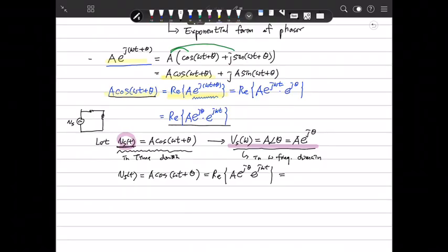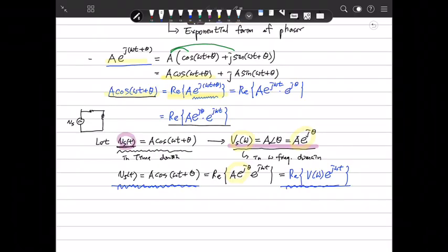So what is that? This term and this term are the same as here. So we can express it as the real part of phasor times exponential j omega t, which is a time domain expression. If you want to express some variable in the time domain, you can use this. This is very important.